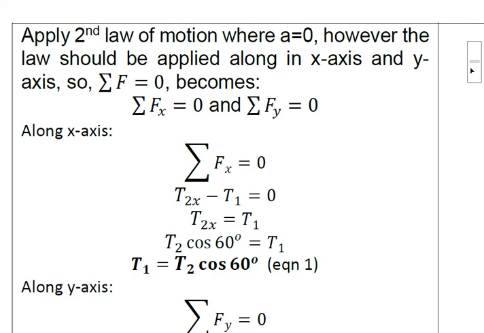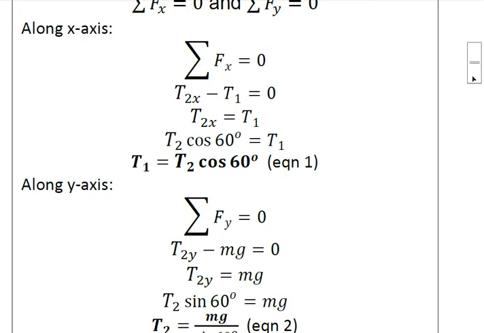So that's it. You have here the decomposition along x and y, then taking the forces along x and y, then establishing the equations. This was the previous equation that we had: an unknown and another unknown, so two unknowns in one equation, and we cannot solve that equation.